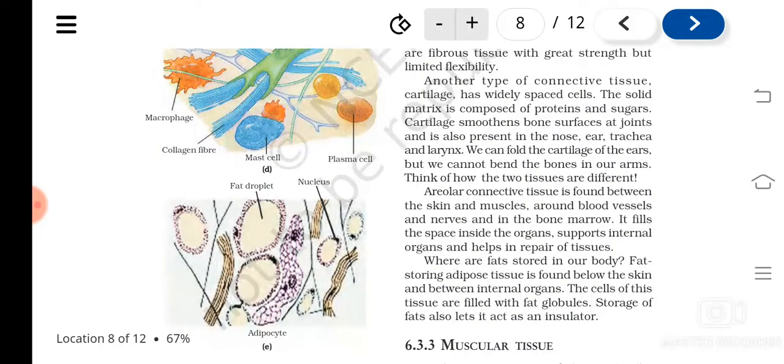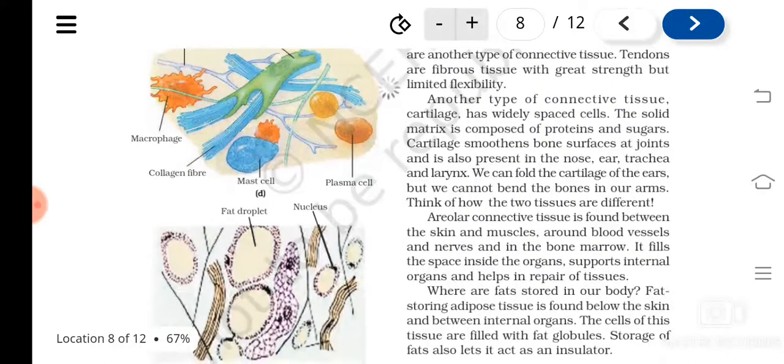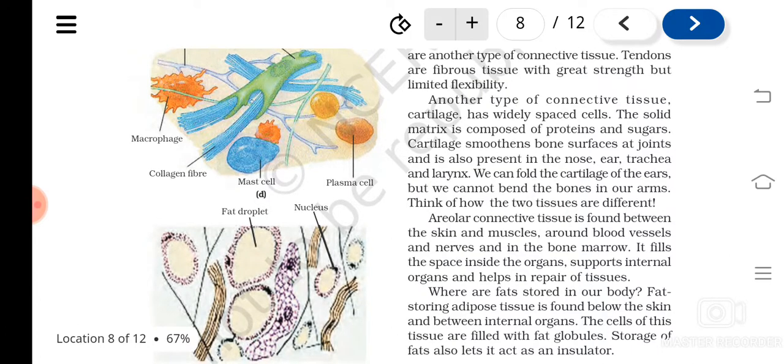Mast cells, plasma cells, macrophages, and fibroblasts. And adipose tissues are the tissues which store the fat, and the cells of them are known as adipocytes. So this much is very clear to everyone, I hope.